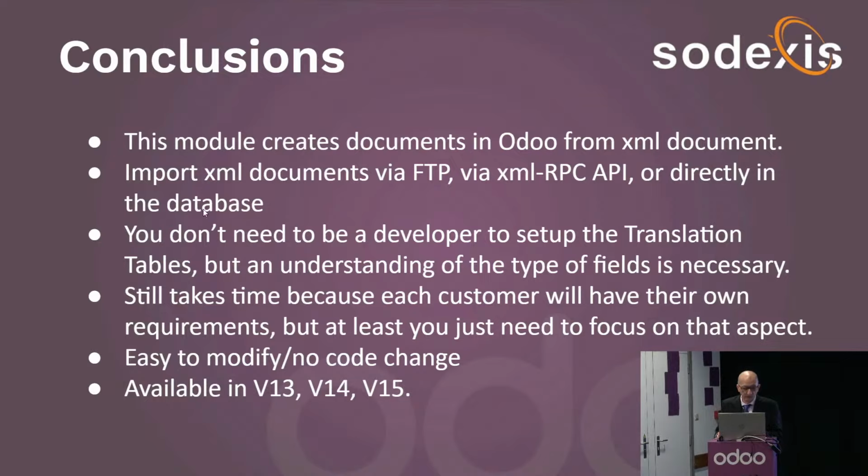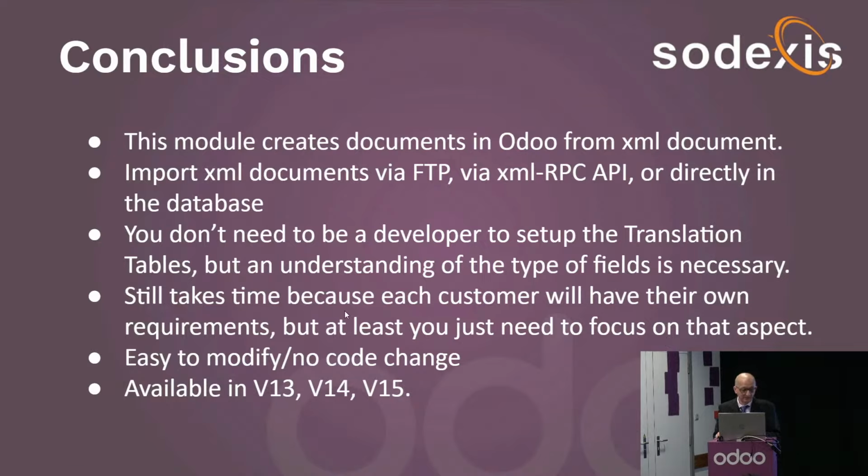So it's very flexible. You don't need to be a developer to set up the translation tables, as you already saw, but obviously an understanding of the type of field is going to be necessary, okay? So you can get a business analyst to set those up, but they have to have some technical knowledge, okay?